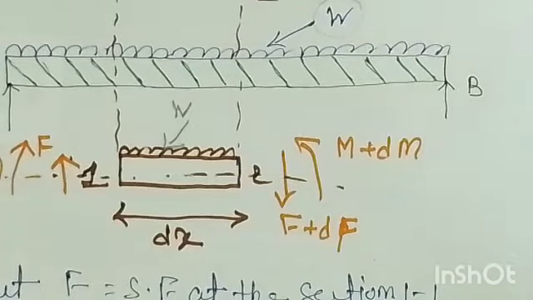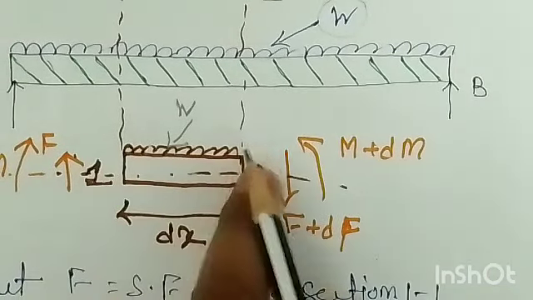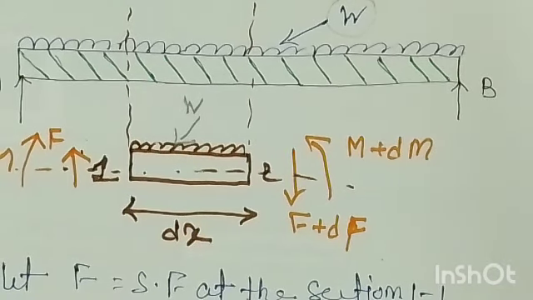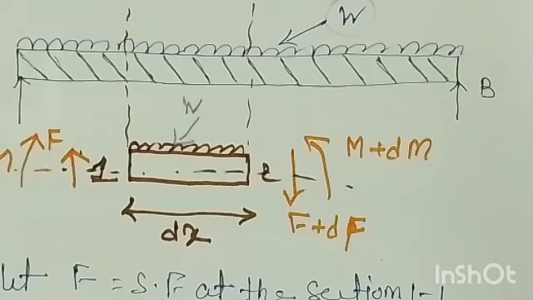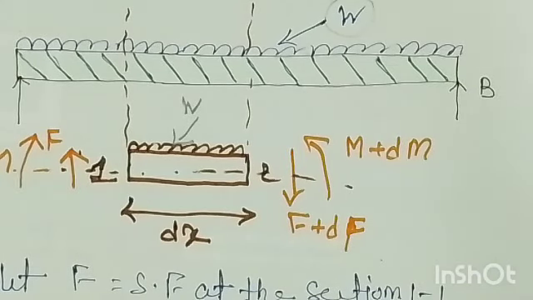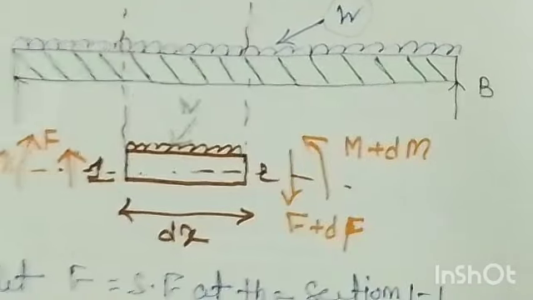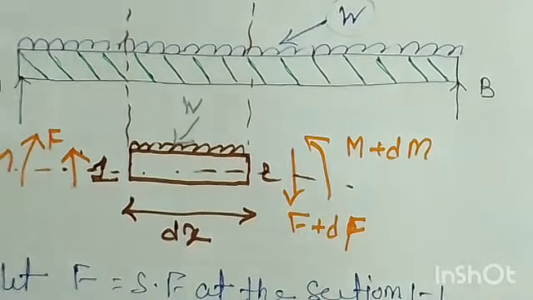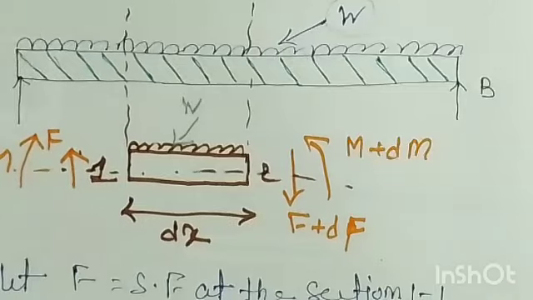As we have considered that the section dx is in equilibrium, it must satisfy the three conditions: the sum of all vertical forces, all horizontal forces, and all moments should be 0. So first we say the sum of all vertical forces is 0, right? We are resolving the forces vertically. We don't have any horizontal forces, so we don't write that one.